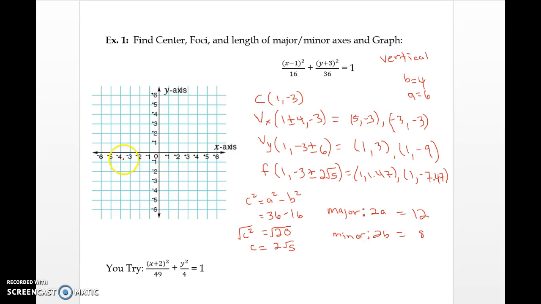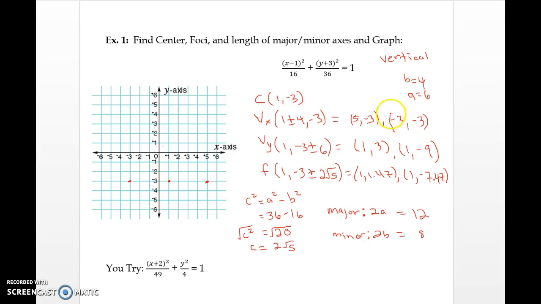So I'm going to graph the center, 1, negative 3. I'm going to graph my vertices. What I like to do is my b is 4. My b is under my x. So I'm going to go 4 to the right, 1, 2, 3, 4, and then 4 to the left from my center, 1, 2, 3, 4. And those are my co-vertices, or my v sub x.